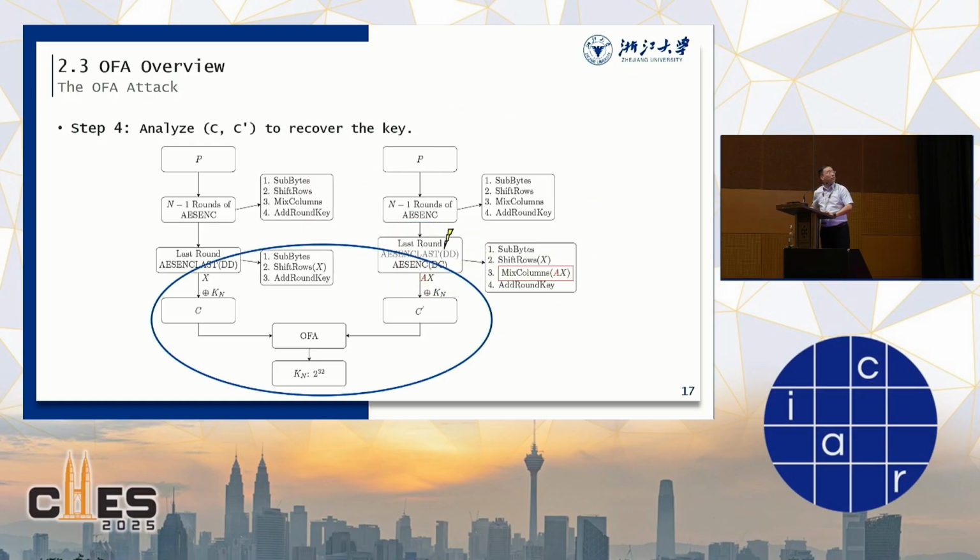And eventually, as in traditional fault analysis, you have a pair: one is C, which is correct, and C prime is incorrect, and then you try to do the analysis. The analysis here is also very simple because these two are combined into equations, and solving the equations is relatively easy.